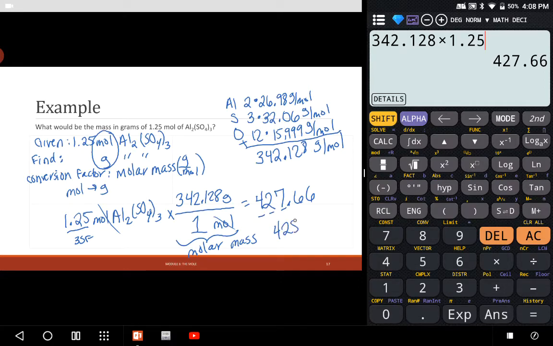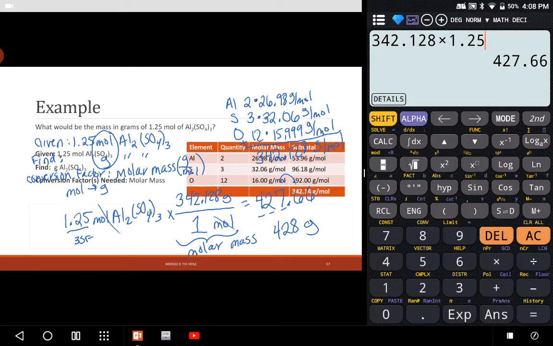So that's 428. Got to round up. And then my final unit is grams. And so depending on your molar mass, you might end up with slightly different numbers, especially when you're rounding. Although this should have been rounded up to 428. I can see underneath here it said 427.67. I'll make a note to myself to fix that.